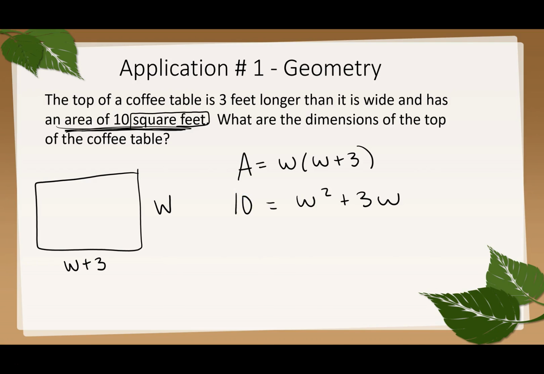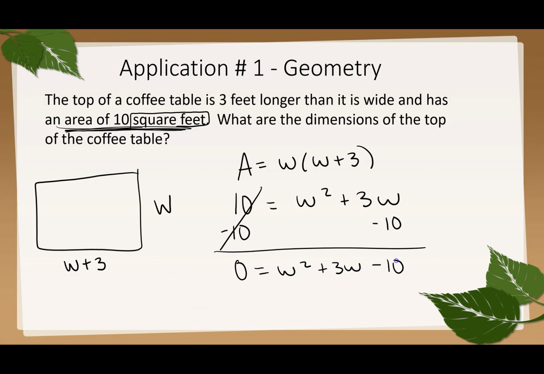Now I need to solve for 0, because I always set things equal to 0 before solving quadratics. So I'm going to subtract 10 from both sides. I get 0 equals W squared plus 3W minus 10. We can actually factor this. We can think about what adds to 3 and multiplies to negative 10.